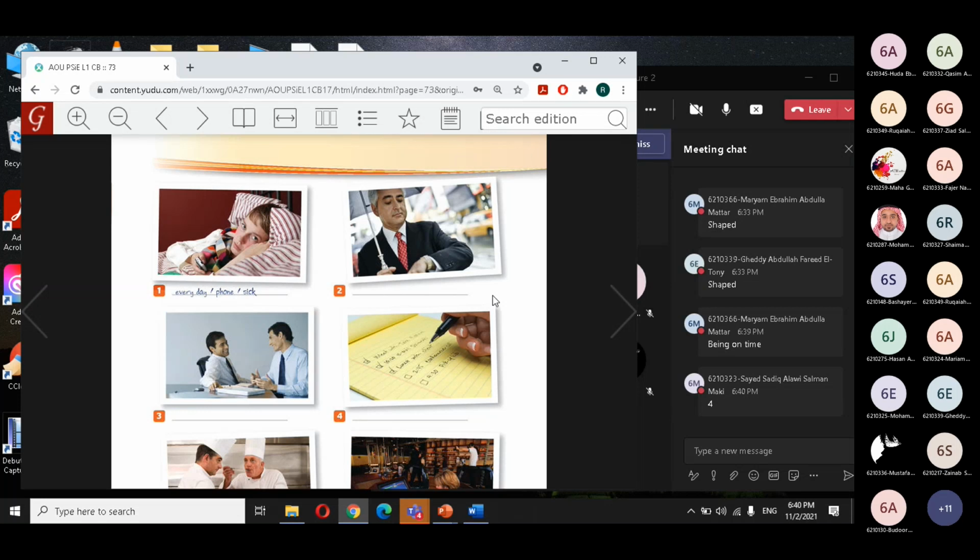Number 2. What is the idea here in number 2? If someone asks you, I want to be a good employee, if you look at the second picture, what advice can you give? He's looking at the time, if he's going late or he's going early. He should be on time. Yes, he is looking at his watch, so this means he is checking the time.